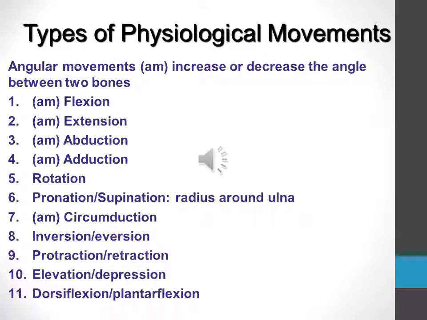That is inversion, so the sole turns medially. Eversion, the sole turns laterally. So in eversion, you're standing there, you roll onto the big toe side of your foot, point the bottom of your foot out away from you laterally, that's your eversion.